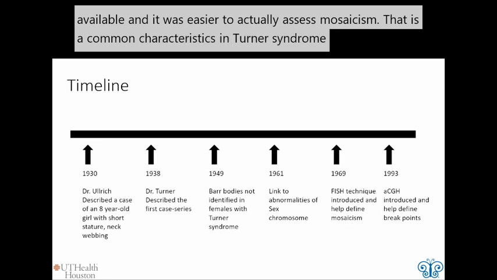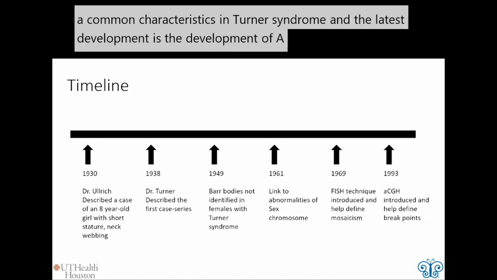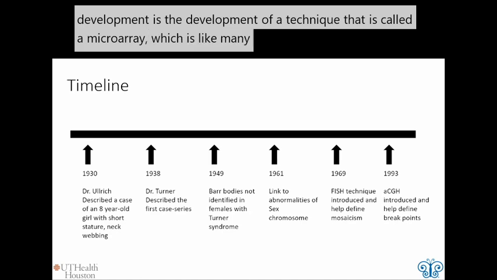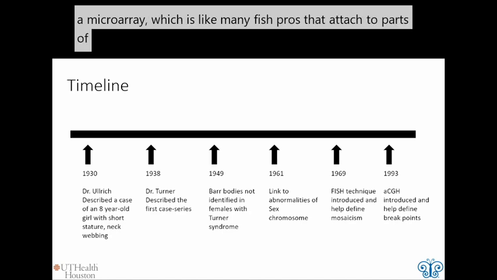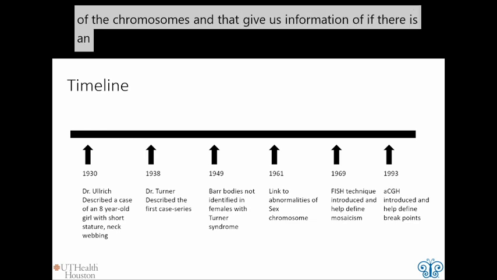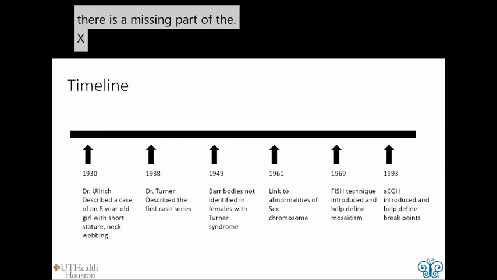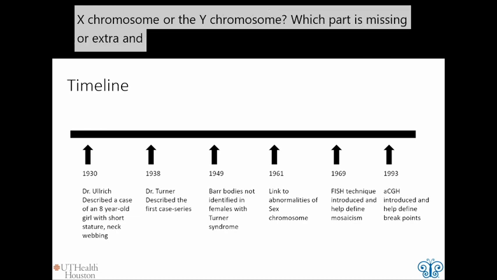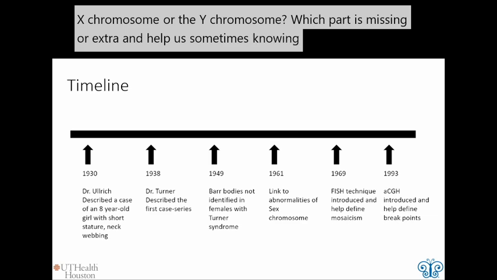And the latest development is a technique called a microarray, which is like many FISH probes that attach to pairs of the chromosomes, and give us information on whether there is a missing pair of the X chromosome or the Y chromosome, which part is missing or extra, and sometimes help us know exactly what is going on with the patient.